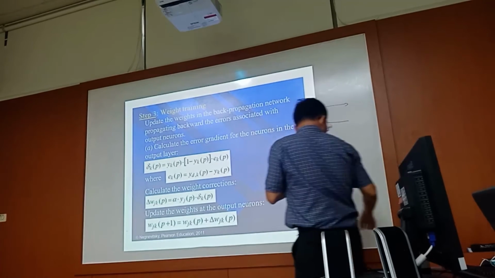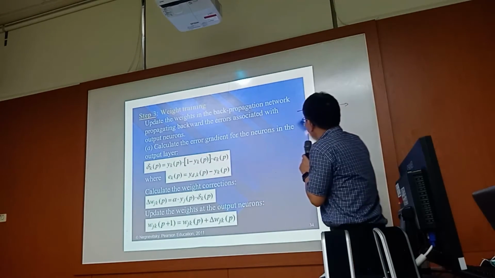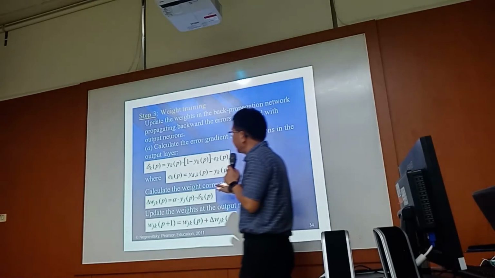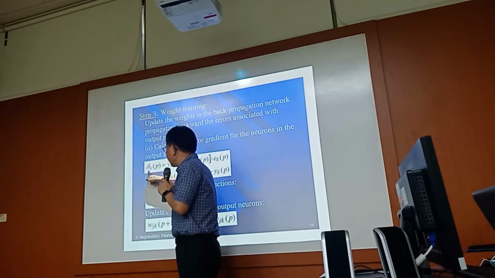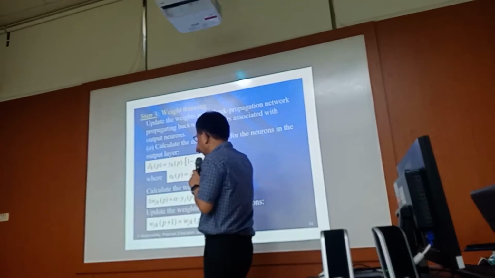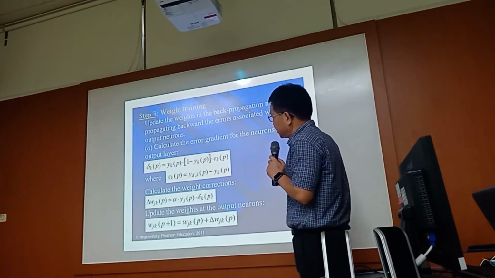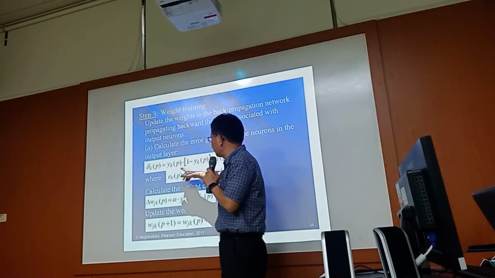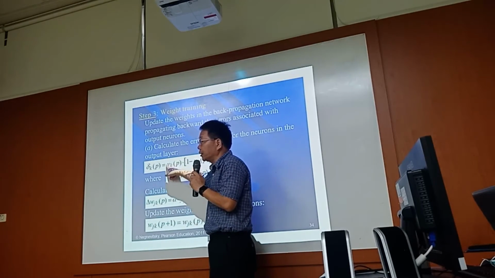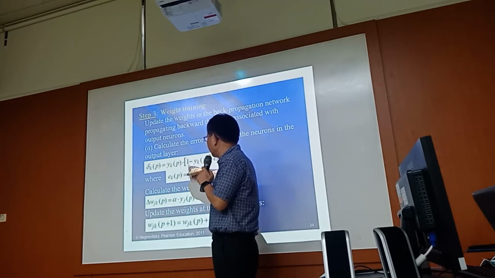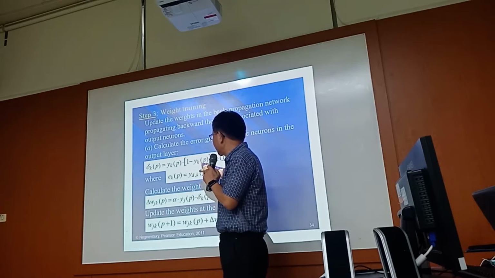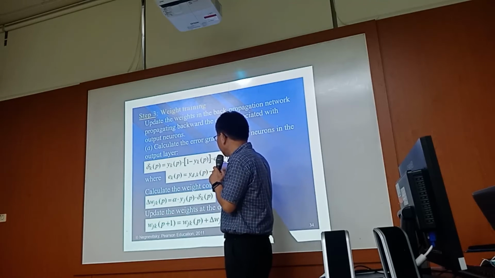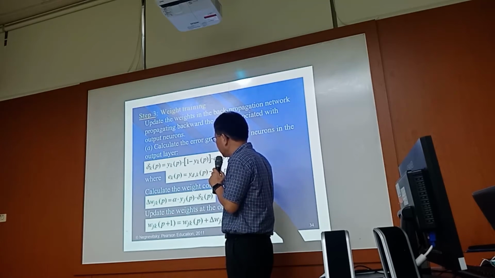Okay, for the weight training, we need to be careful with this item, delta k. This value comes from the output: yk multiplied by (1 minus yk), and then multiplied by the error ek.